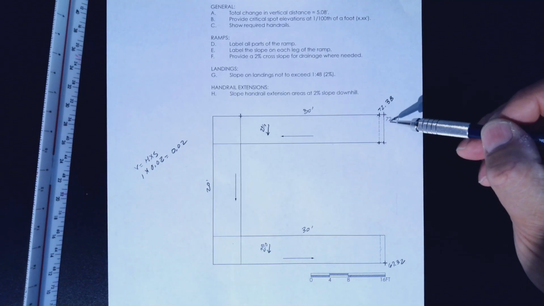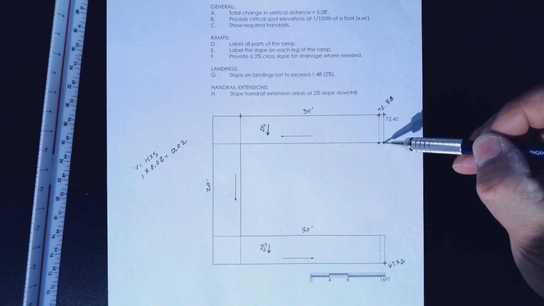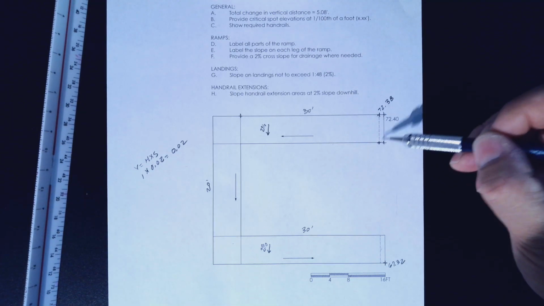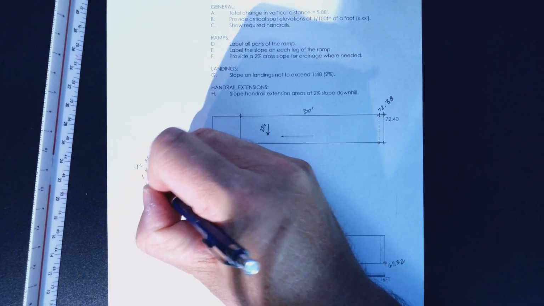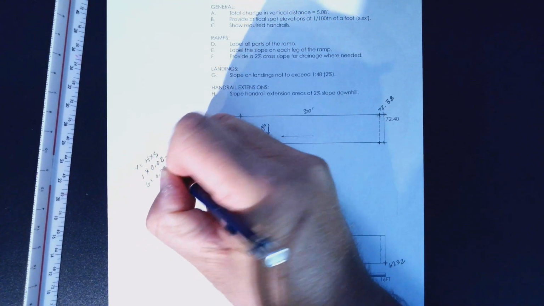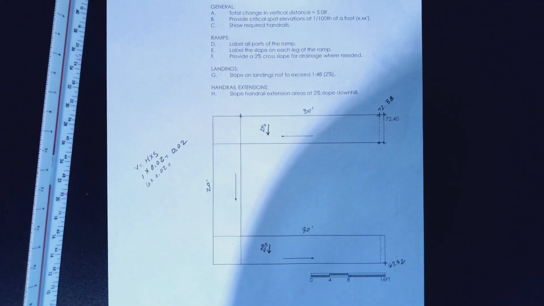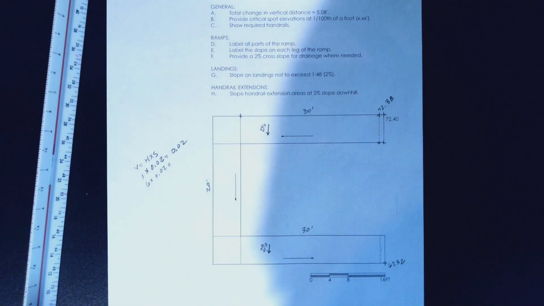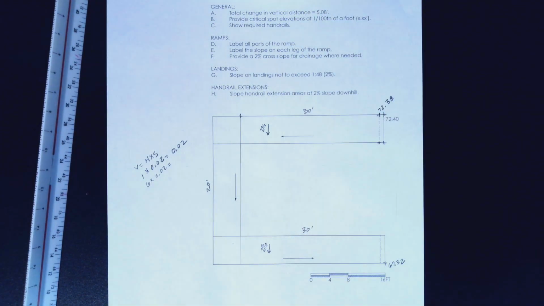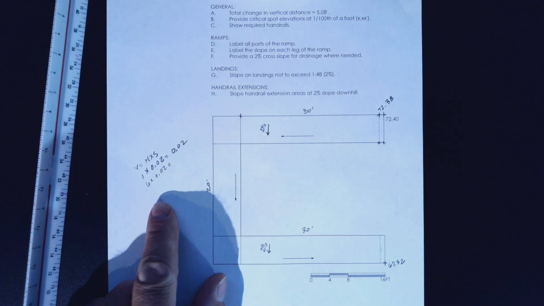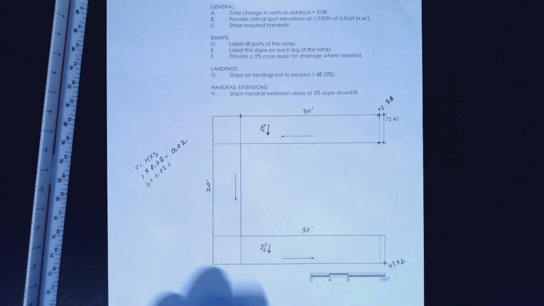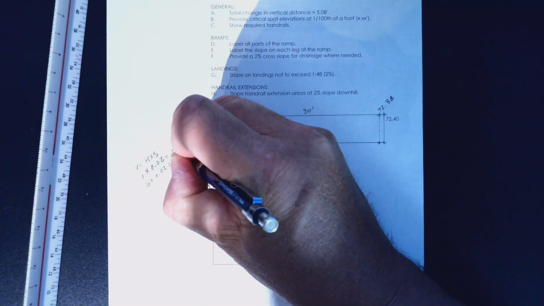And then from here to here, we have to have this 2% cross slope. So this is 6 feet horizontally at that same 2%. So it's 6 feet times 0.02, and that equals 0.12.